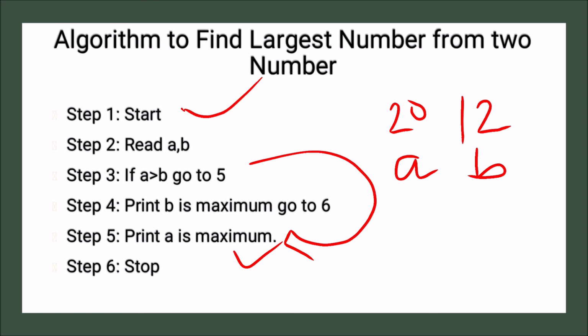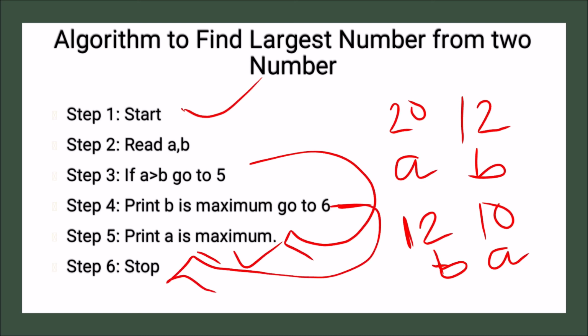Now if the numbers are 12 and 10, where this is b and this is a, then 10 is not greater than 12, so it goes to step 4, where it is written to print b is maximum. So print 12 is maximum, and then go to step 6, which is stop. This is the basic example of how to write an algorithm for finding the largest number from two numbers.